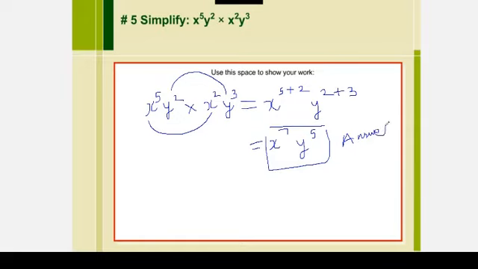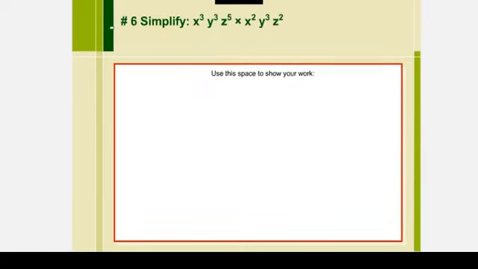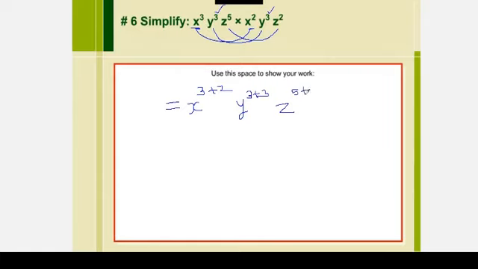I hope you understand how to combine them, collect them when it is with mixed bases and mixed exponents. Let's move on. See, there are 3 variables this time. Doesn't matter. Don't worry. Combine the terms this manner, which will become x to the 3 plus 2, y to the 3 plus 3, because there is a 3 here, there is a 3 here for y, z to the 5 plus 2.